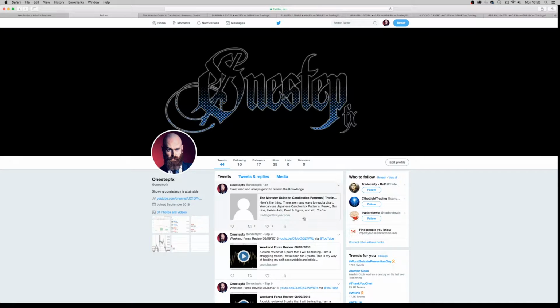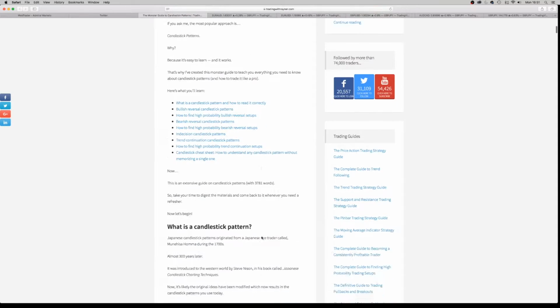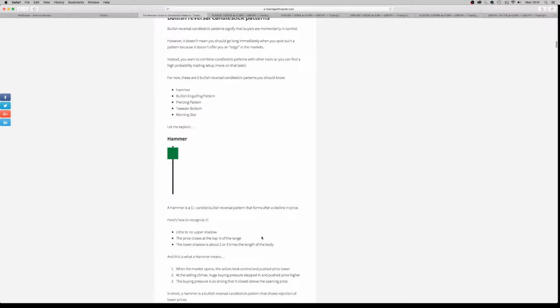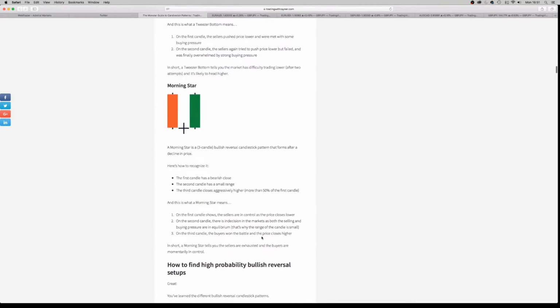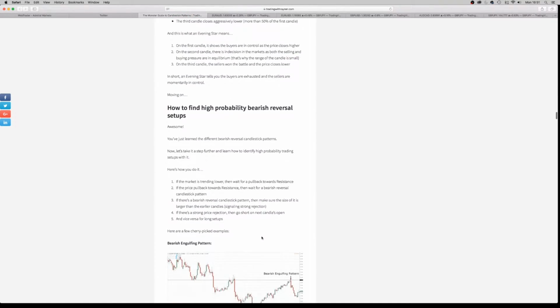But first things first, I came across this today. It's called the Monster Guide to Candlestick Patterns, and that is by Rainer T. It was on Twitter, and it's just a really good thing to bookmark. It's never a bad thing to refresh your memory on different patterns, bullish patterns, bearish patterns, just things to take into consideration.